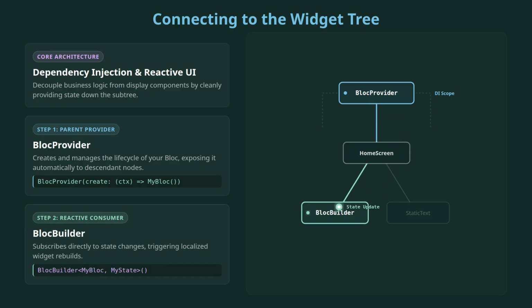Lower down the tree, we use a BlocBuilder to rebuild only the specific widgets that depend on the state. It uses a selective rebuilding mechanism, meaning if the state changes but the specific data inside it doesn't affect this widget, Flutter skips the rebuild completely, keeping your app running at 60 frames per second.